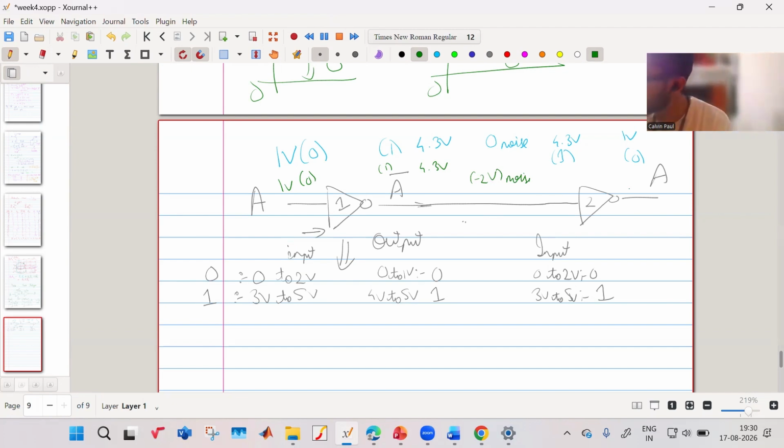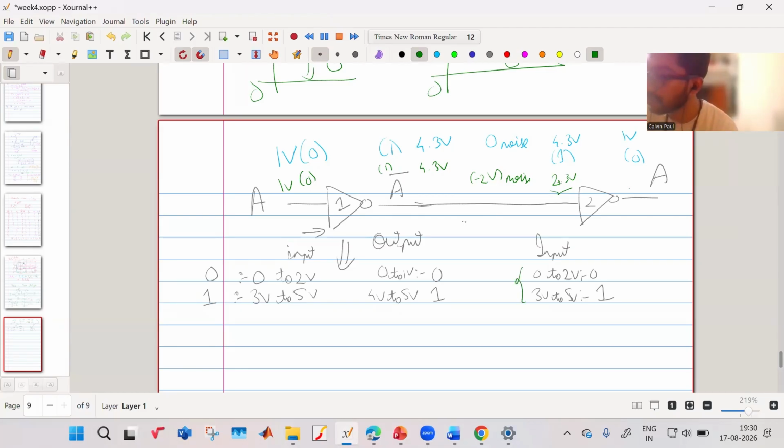If you have this minus 2 volt of noise, this becomes equal to 2.3 volt, right? So then this circuit doesn't know whether it is 0 or 1. This 2.3 volt, is it a 0 or 1? Can anyone say?